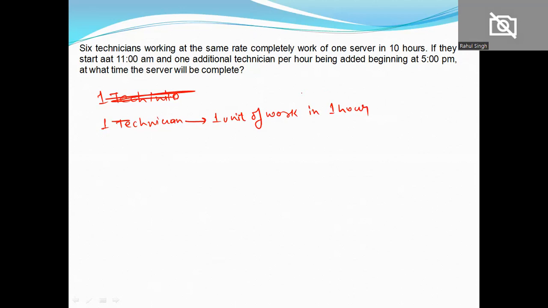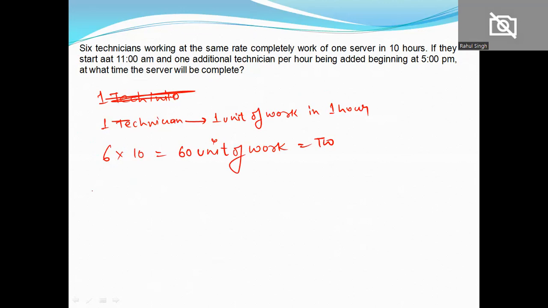So 6 technicians can do 6 units of work in 1 hour. Now we know there are 6 technicians and all have equal efficiency, so they can do 60 units of work in 10 hours. So let's assume this is the total work that is required to be done.